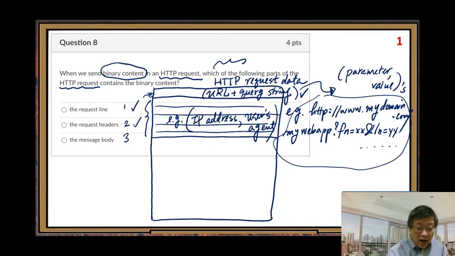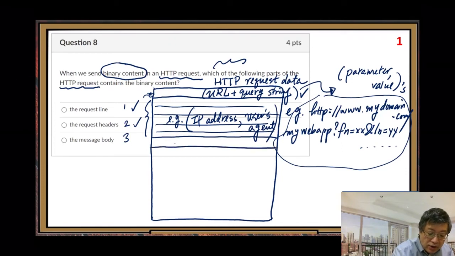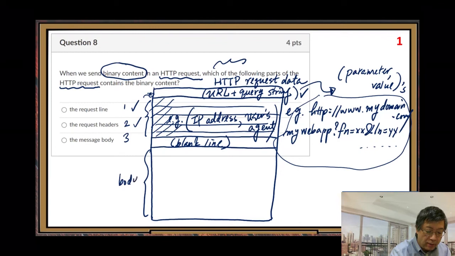After the header part, there is one blank line. The blank line separates the header part from the message body part.